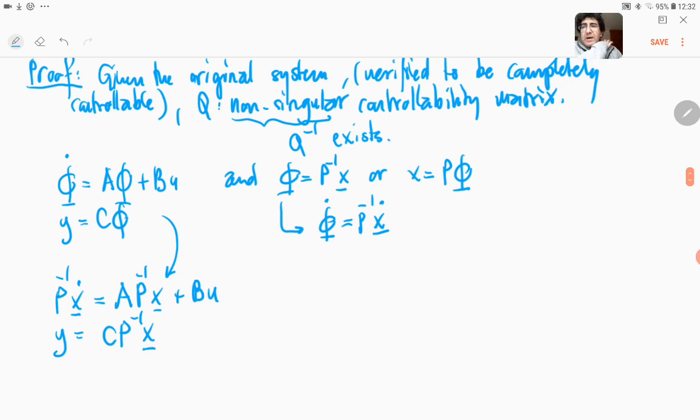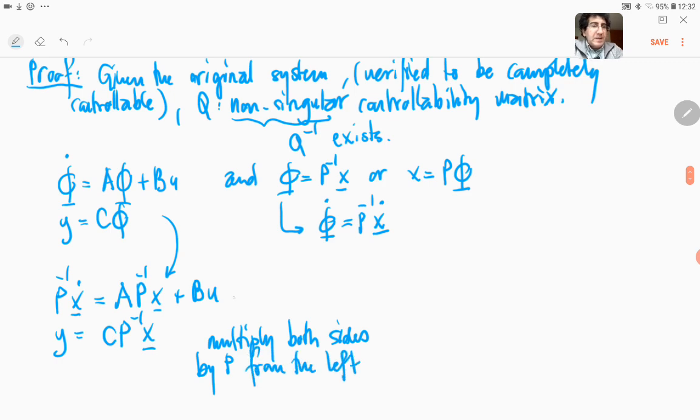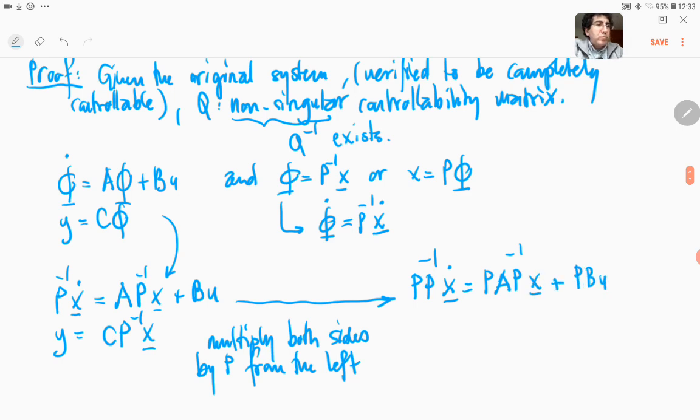Now let us multiply both sides by the P matrix from the left. What you get is P minus 1 x dot is equal to P A P minus 1 x plus PBu, and also we have y is equal to C P minus 1 times x.